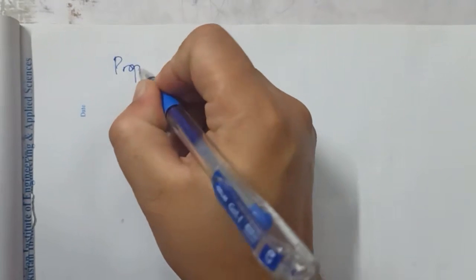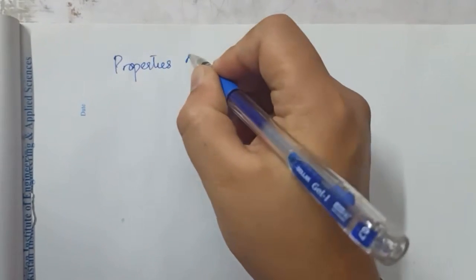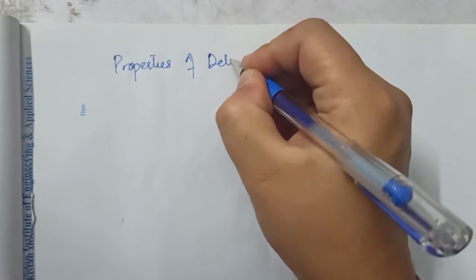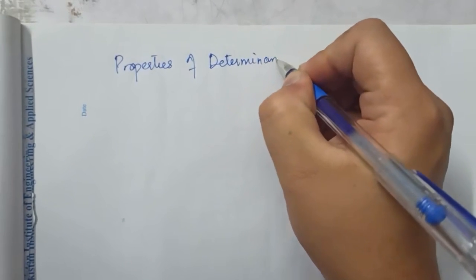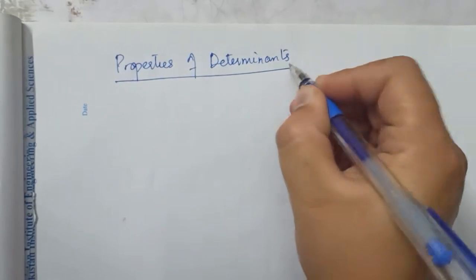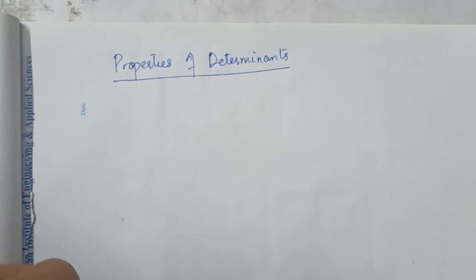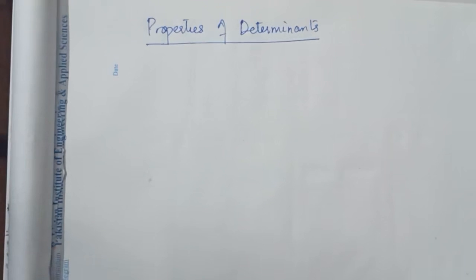So, properties of determinants that you can use to actually simplify the calculation of the determinant.